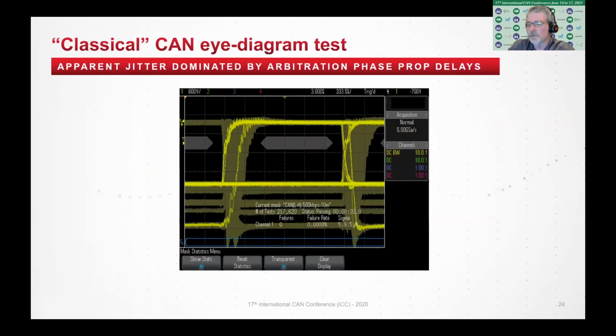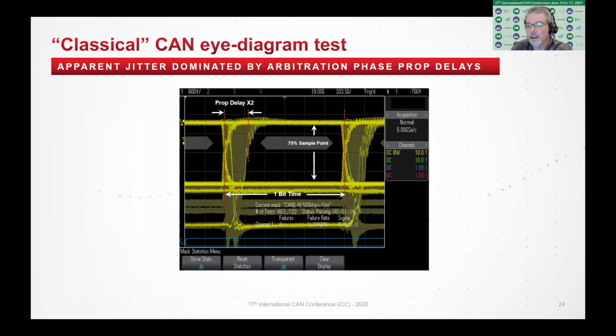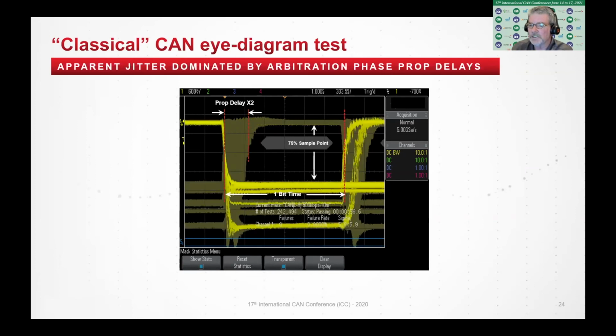I'd just like to show you what a classical CAN eye diagram looks like. It appears there's a lot more timing jitter. It is not jitter. What it is, is the propagation delay, the 2 times to travel down the bus and back during the arbitration phase.